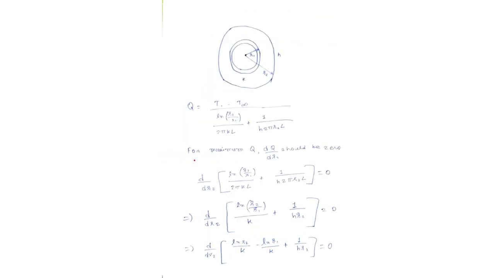Now we will see the second case. It is a cylinder. If we have a cylinder and we want to reduce heat transfer from the inner cylinder to the atmosphere, we can use normal insulation.